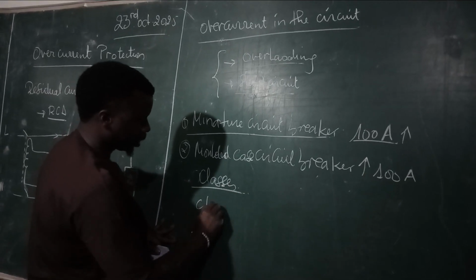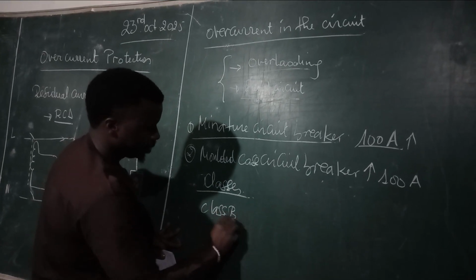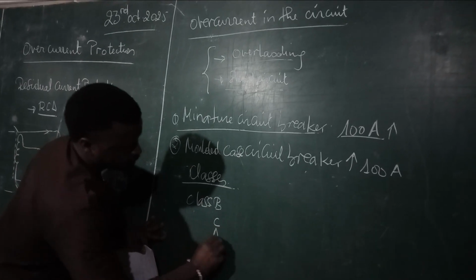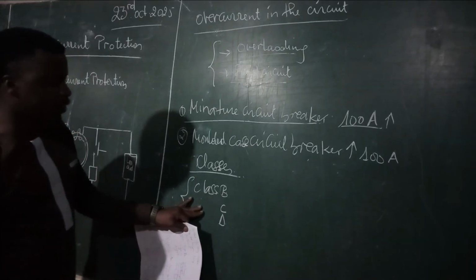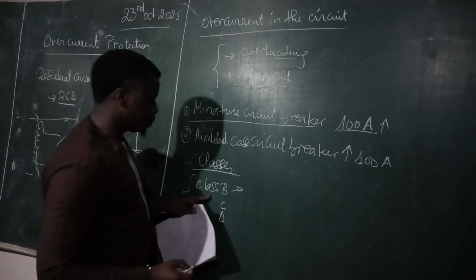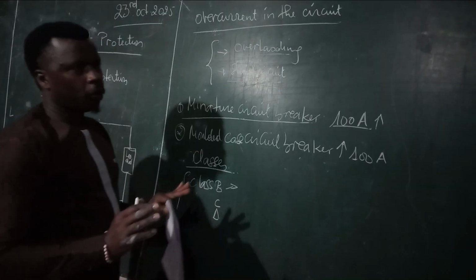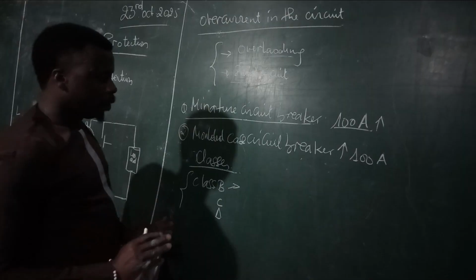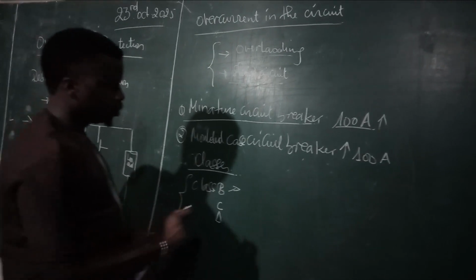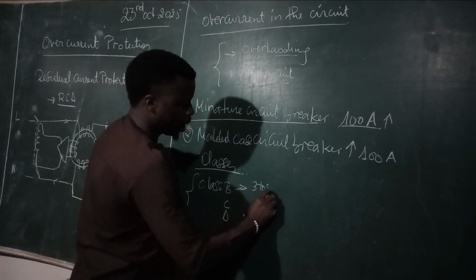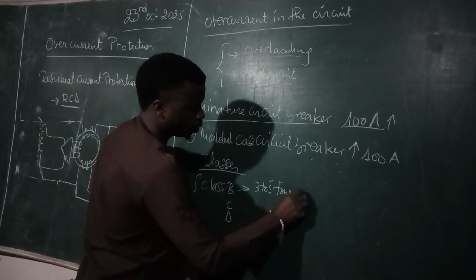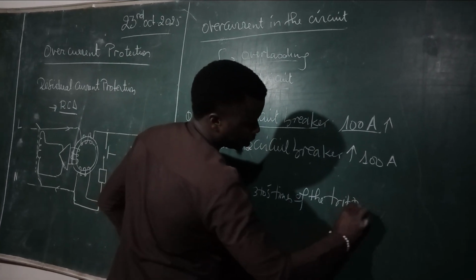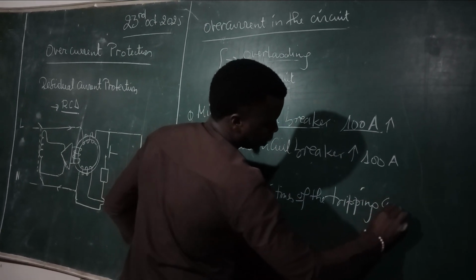We can have class B, known as type B, C, and D. Where they differ: type B is used for heating elements or small appliances, where they can trip at 3 to 5 times their full load tripping current.